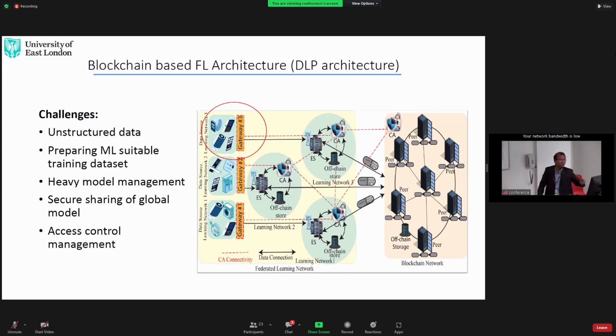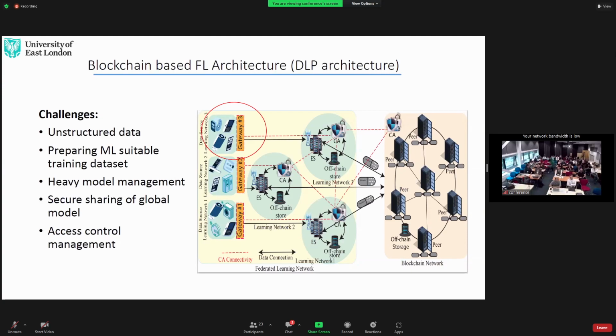Here you can see the traditional network. Think of this as normal healthcare service providers. These are their individual networks, and they provide their own services. Then every individual network creates a local model.